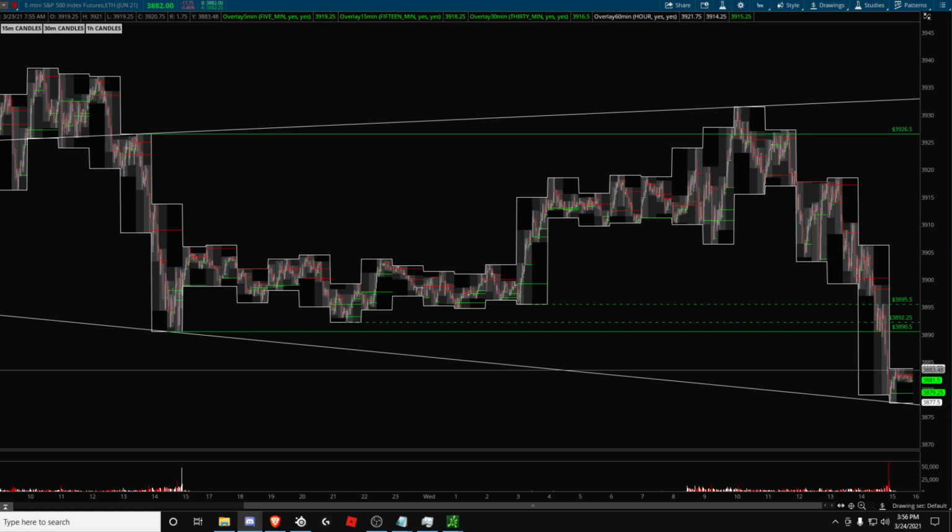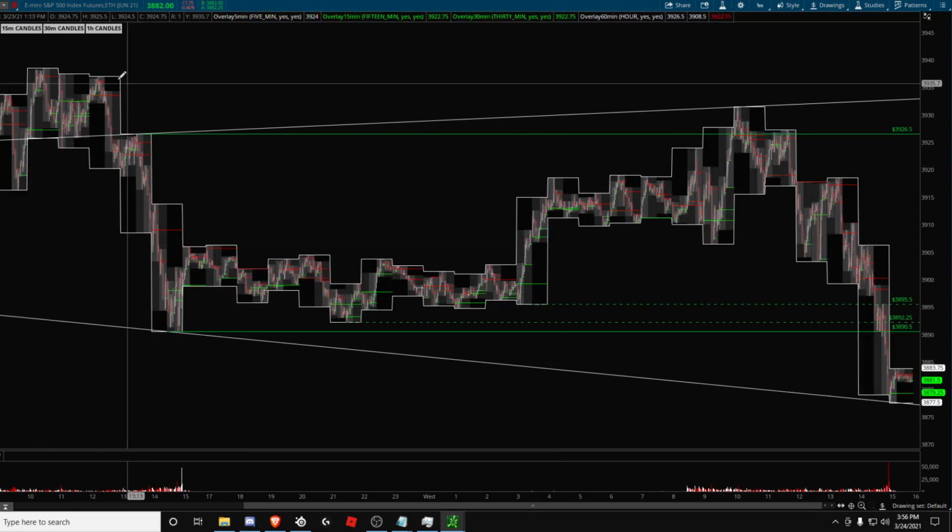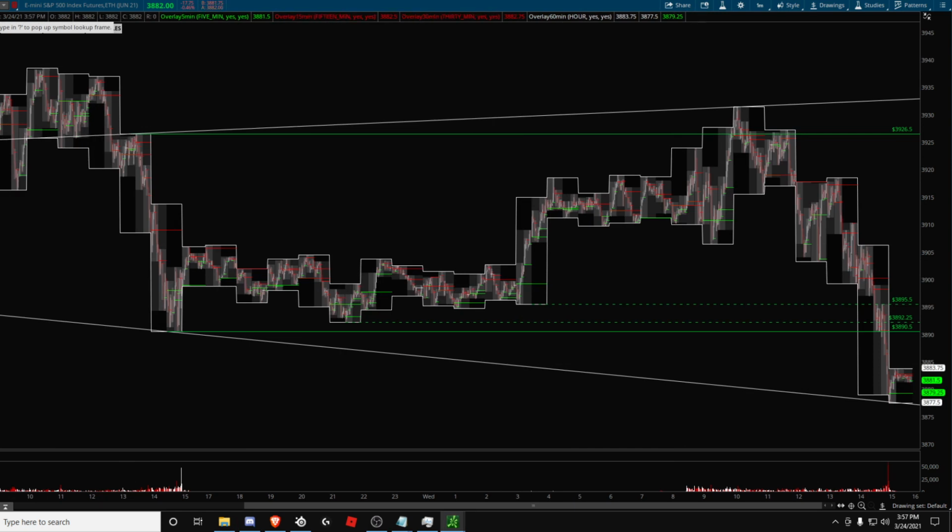So Bob T, the way to get around that is either you can just trade the futures candles if you'd like, or you can have SPY open on a different chart, which is actually what I'm going to be doing. I'm opening a futures trading account, and I'm just going to have this up, and I'm going to use this in order to create my trades on the futures.